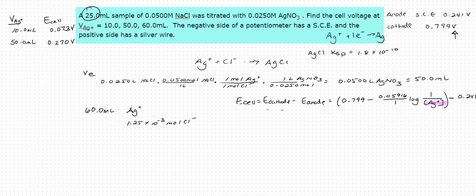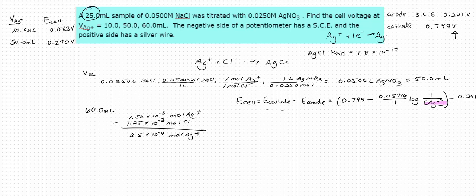And with 60 milliliters of 0.025 molar, we have 1.5 times 10 to the negative 3 moles of silver. So we have an excess of silver. We need to subtract the moles of the chloride from the moles of the silver, and we have an excess of 2.5 times 10 to the negative 4 moles of silver.